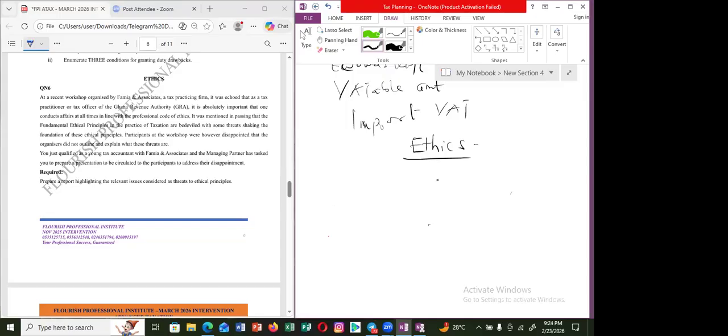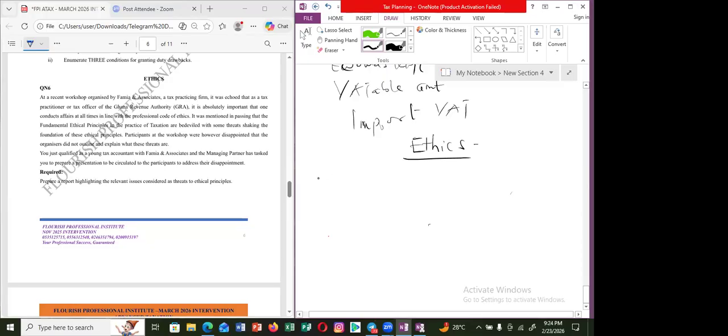Ethics basically, in accounting, we have what we call professional ethics, brought by the IFAC Code of Conduct, the International Federation of Accountants. So basically, what we talk about when dealing with ethics is what was talked about in IFAC.